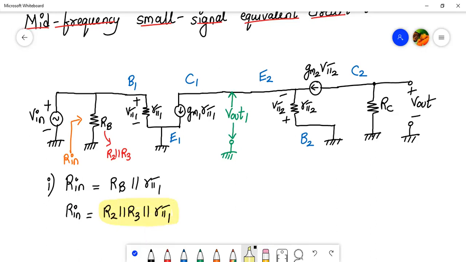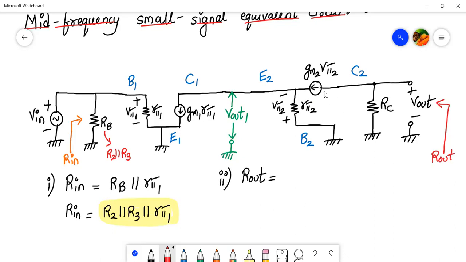Now let's calculate R out on similar lines. So R out will be looking at the output terminals over here. This is R out. Looking over here to the left hand side, what do you see? You see resistor RC.